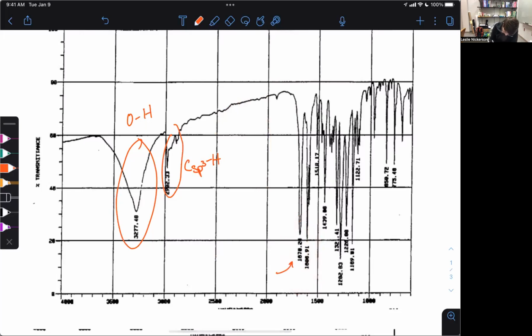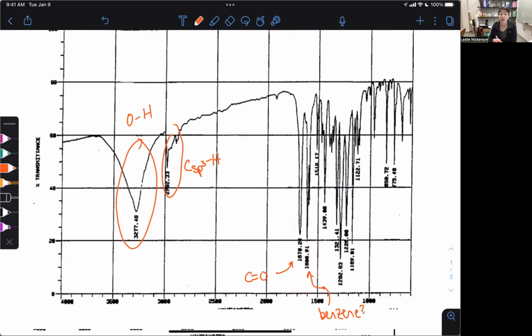This one about 1700, that's going to be my carbonyl peak, or at least what I'm assuming is going to be a carbonyl peak. As soon as I see something around 17, that's just where my mind goes. And this one right around 16, that's probably benzene again.